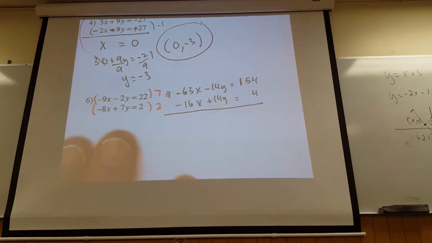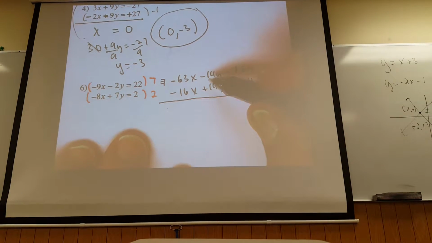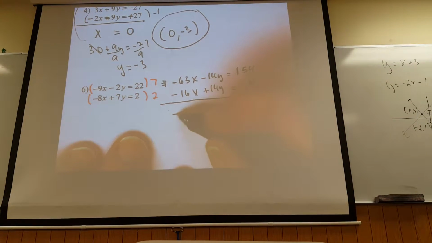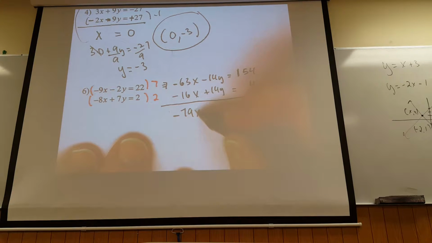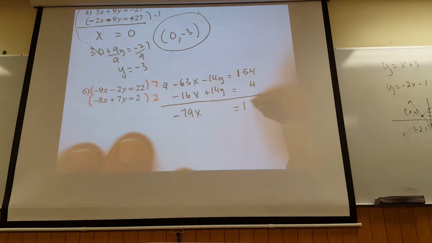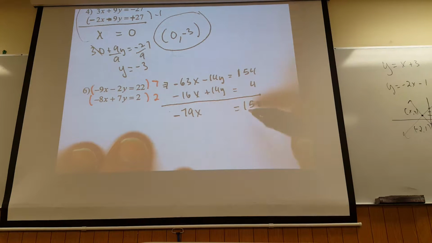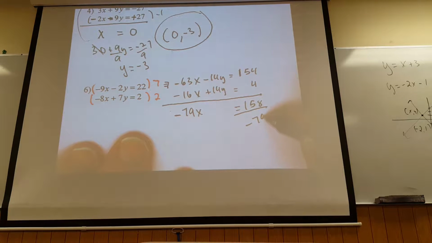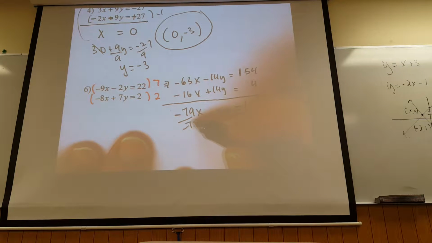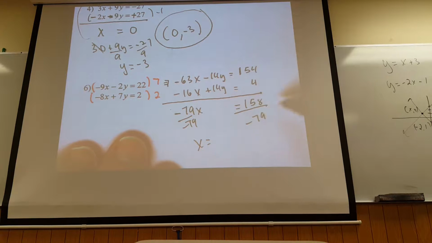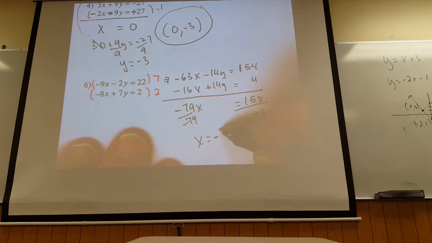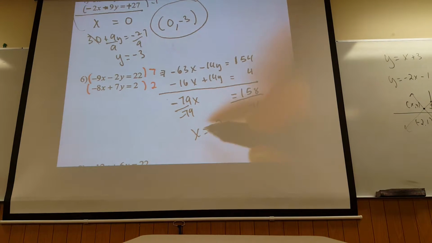When you add these together, the y's go away, you get negative 79x equals 158. How many times will 79 go into 158? 2. So x, and then since it's negative, it would be negative 2.